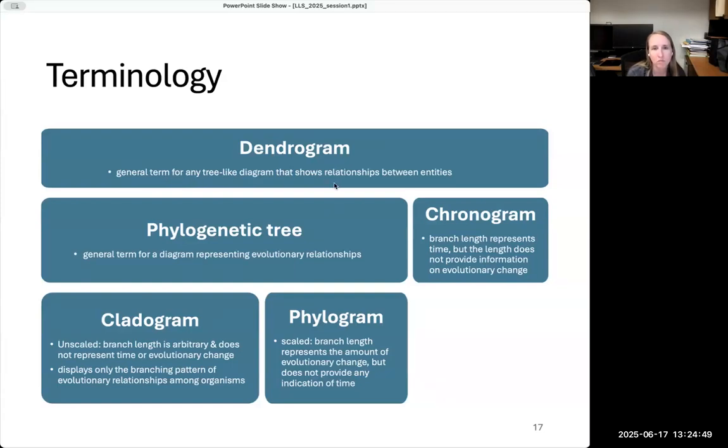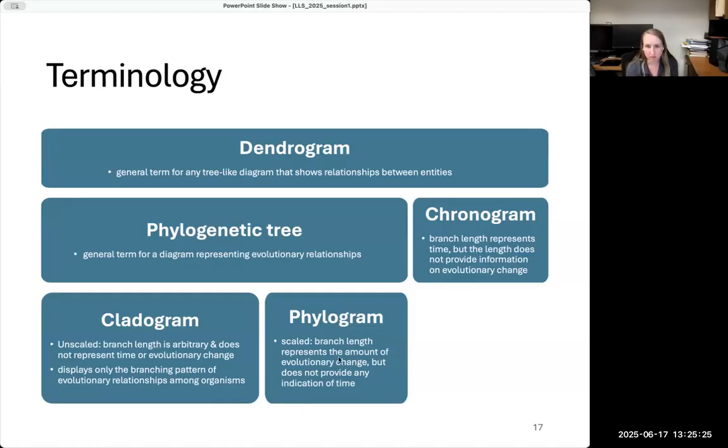But yeah, so it's just going to be for any tree-like diagram. And then phylogenetic trees would fall into that, and it's going to be a general term for a diagram representing evolutionary relationships. And so you may also hear cladogram or phylogram as well. Cladograms are usually going to be unscaled, so the branch lengths are arbitrary, so we couldn't use the branch lengths like we just did to determine the relatedness, but you could look at how they branch and determine how things are related, but not by how much, maybe.